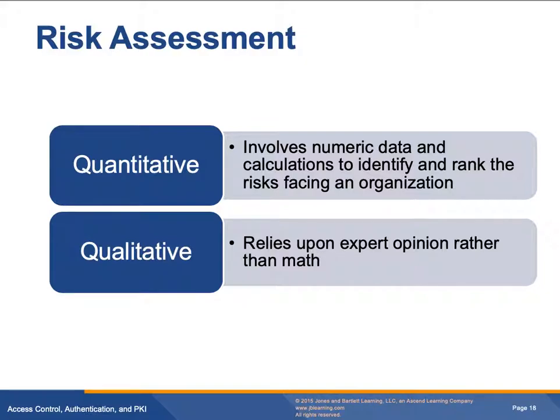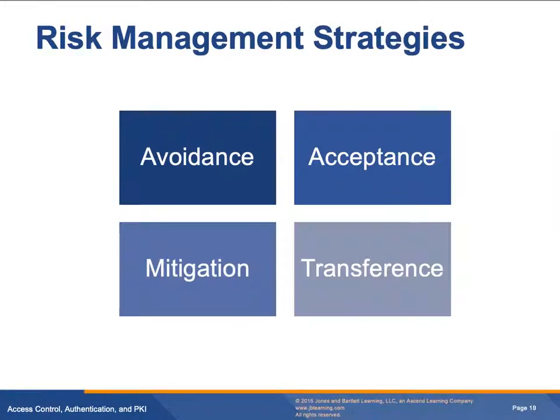So that would be more quantitative. Qualitative relies on expert opinion rather than mathematical equations. We each will have our own expert opinions about data resources as we go through. We can have quantitative assessment that supports our qualitative expert opinion, or that kind of refutes it, and that's something that we'd have to work through.